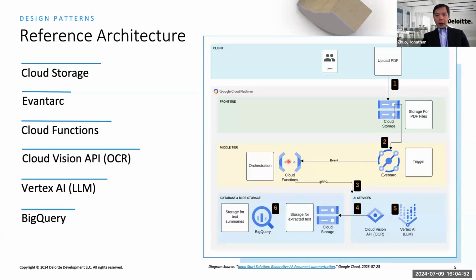Cloud Vision AI extracts the text from the PDF documents using optical character recognition, which is also called OCR. Vertex AI large language model creates a summary from the extracted text stored in the cloud storage. And BigQuery handles the storage of the generated summary.